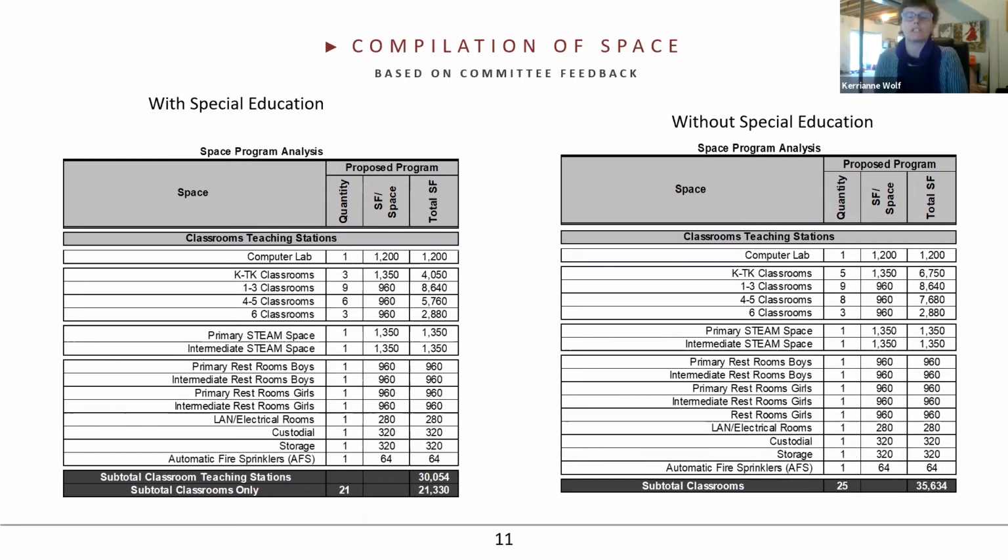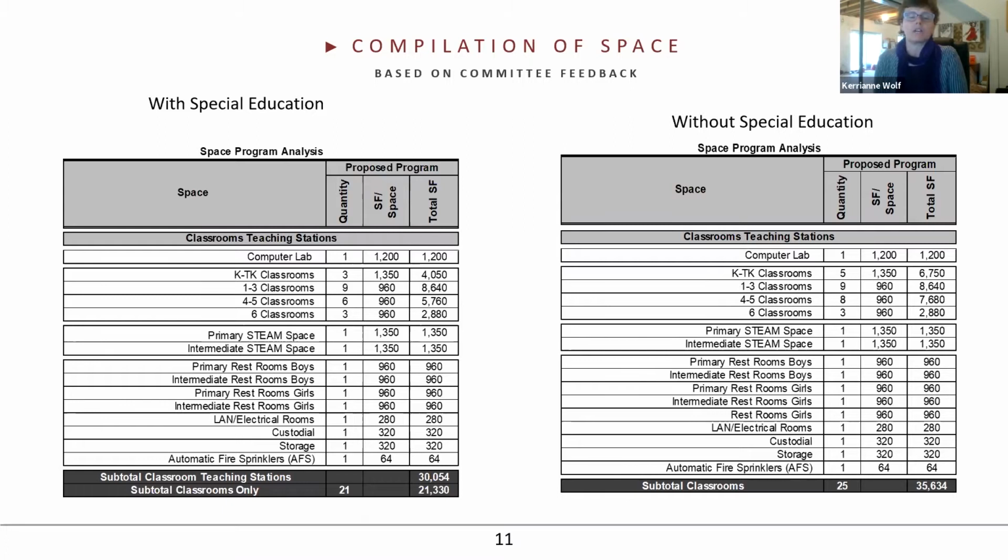When we got the adjacency illustration back, there was a strong suggestion to have multiple spaces throughout the facility and at smaller sizes. That's not really conducive to delivering art and science. So instead of a lot of little small spaces, what we did was we created 2 spaces, one for the primary and one for the intermediate.